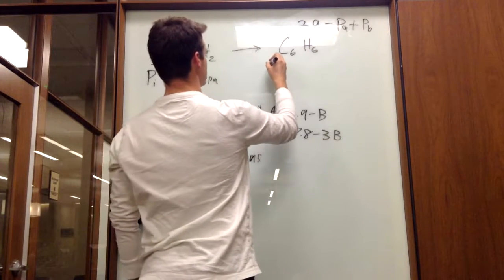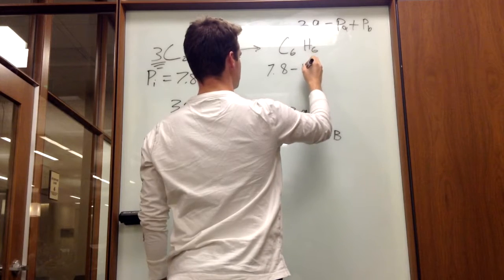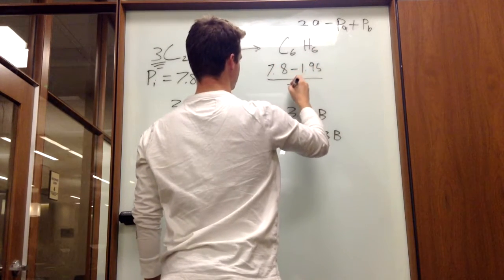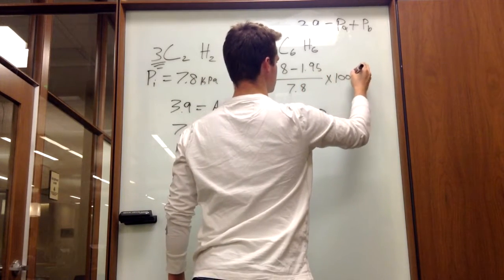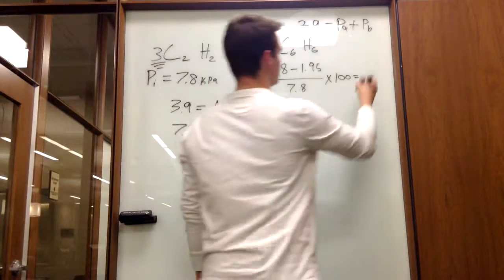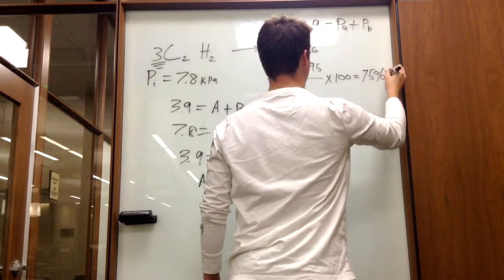So, we're taking our original amount, minus how much was left over, divided by the original amount, multiplied by 100 to give us a percent, and what do you know, it's actually super simple. It comes out as 75% dead on.